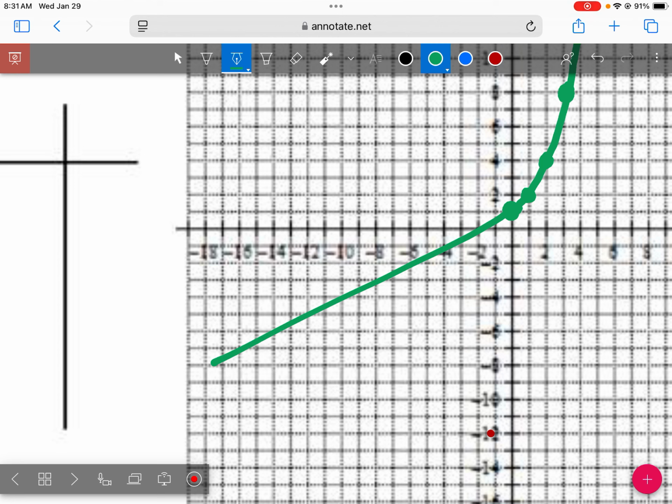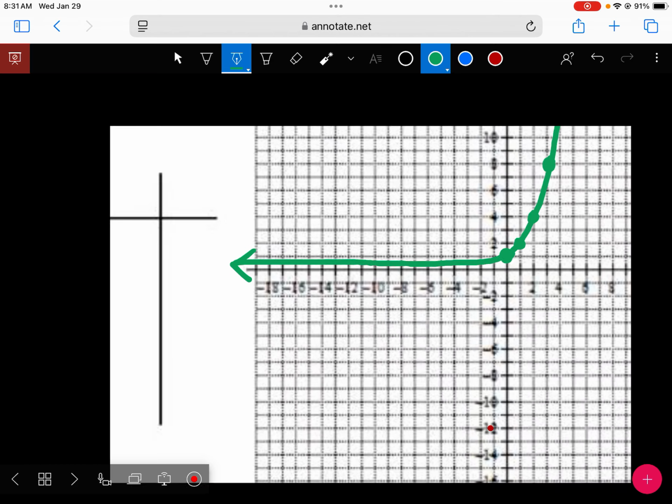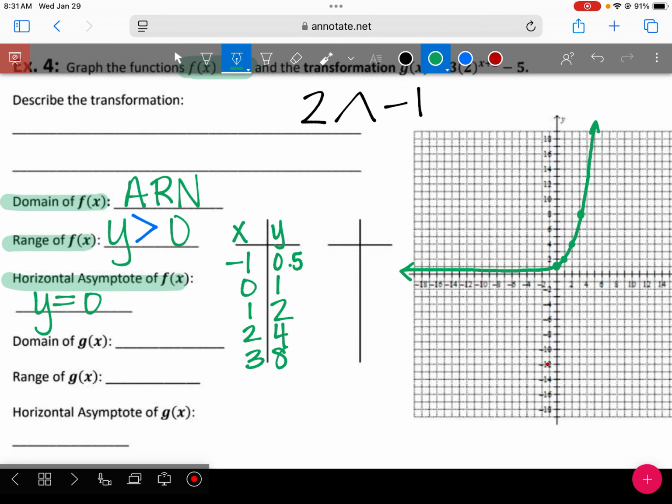Your graph is not going to do that. It is not going to go under the x-axis because the x-axis is where my asymptote is. What the graph is going to do is go straight. It's going to look like it's sitting on top of the x-axis. So make sure that you draw a tail that is straight. It looks like a backwards J. That is your parent function.